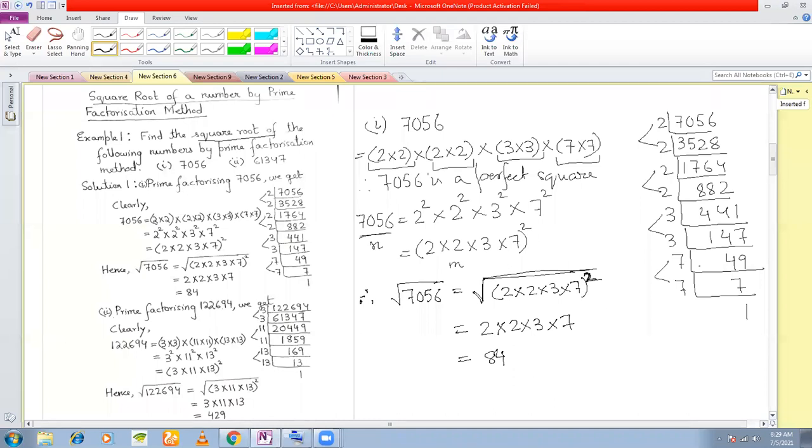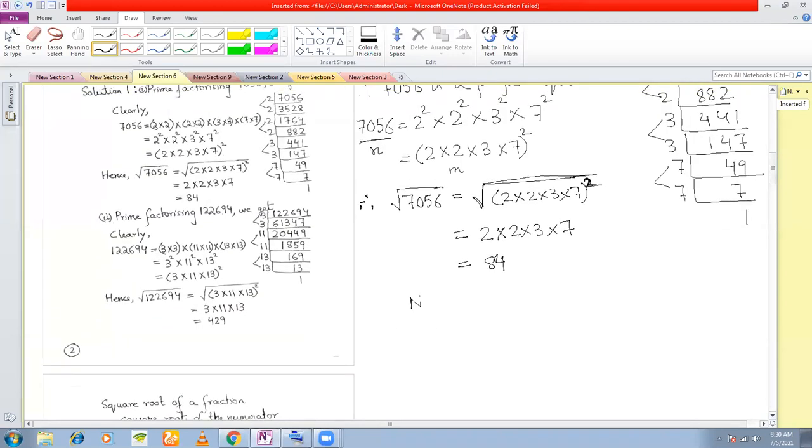Sir, how did the power get cancelled out? Yes. What is the square root of 8 square? It is 8. Why are we removing the radical?